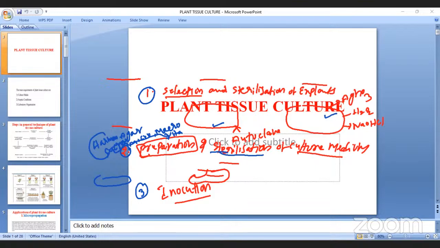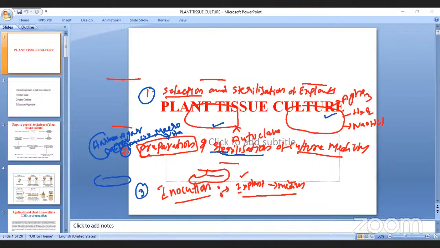What is inoculation? Inoculation means entry of the explant into the medium. That is called inoculation. So what happens in the inoculation process? Already in the first step, you sterilized the explant and also sterilized the medium.